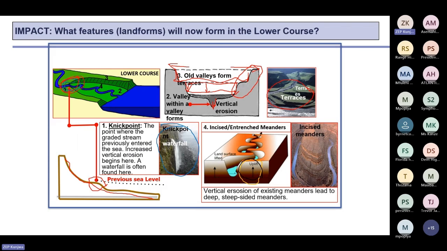There was a river there, and then the land has been uplifted while the river is there, which means now the river is going to continue to do the vertical erosion, but it's going to be far deeper, because also the uplift has happened.